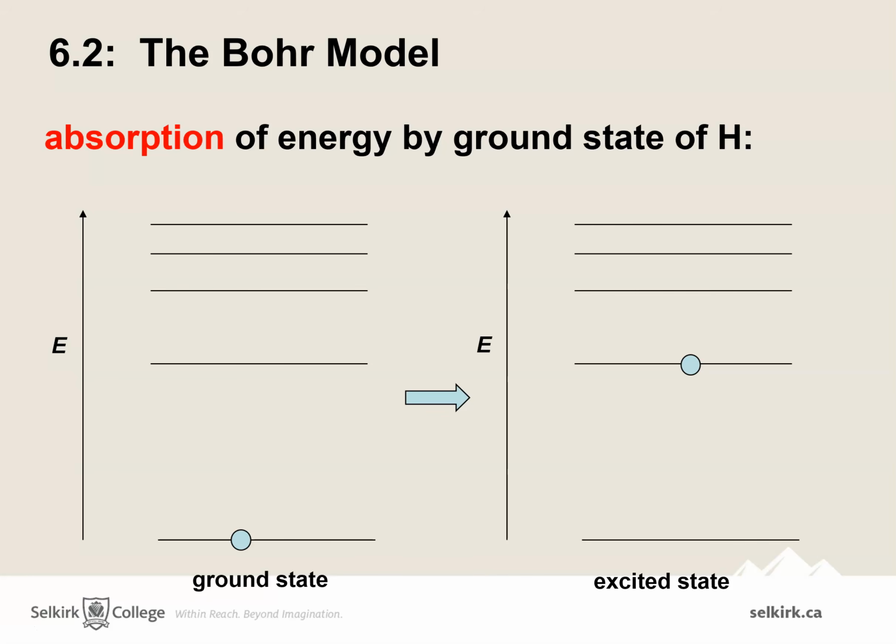So I'm going to propose an energy level diagram like I see on the left-hand side of this slide. What I have here is the energy of the atom, and we're going to say that the energy of the atom is quantized. It can only have certain allowable levels. I'm going to label this first energy level as n equals 1, where n is the number of the energy level. That's the lowest energy state.